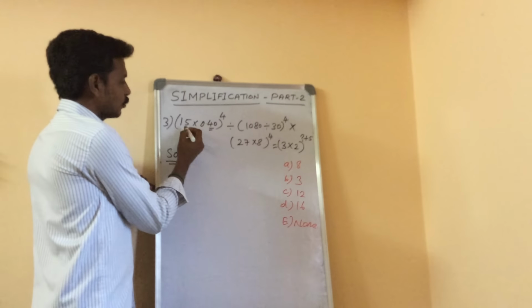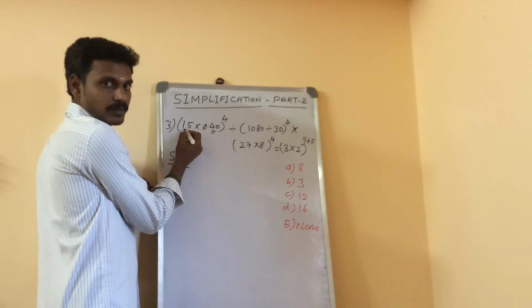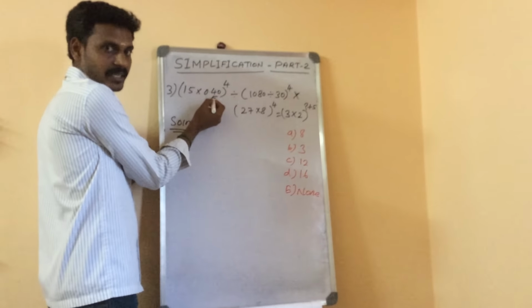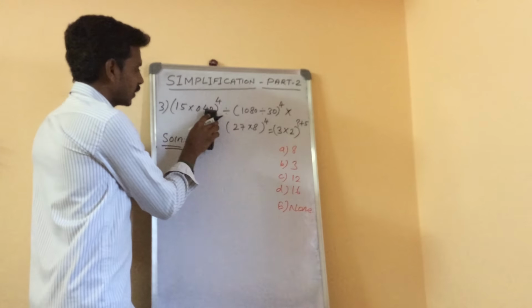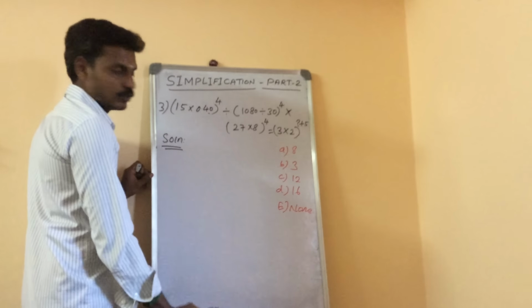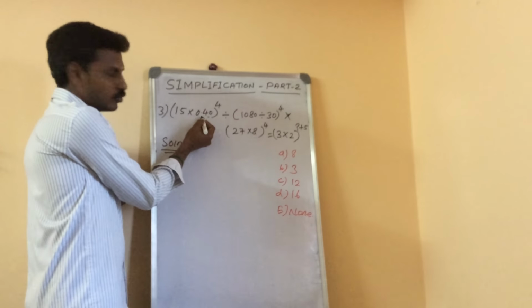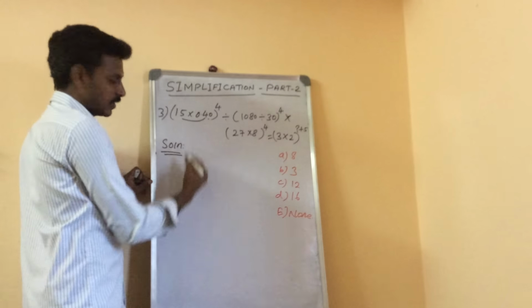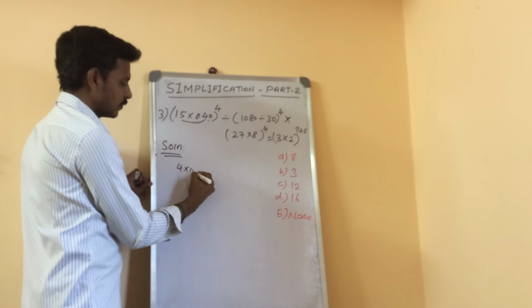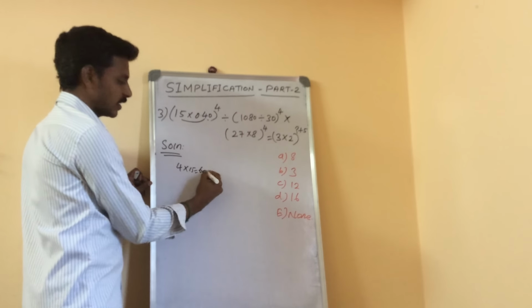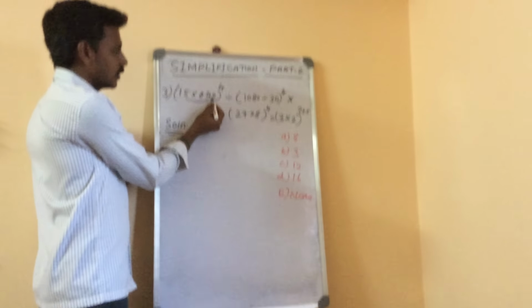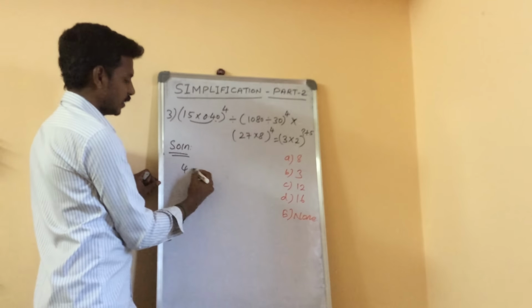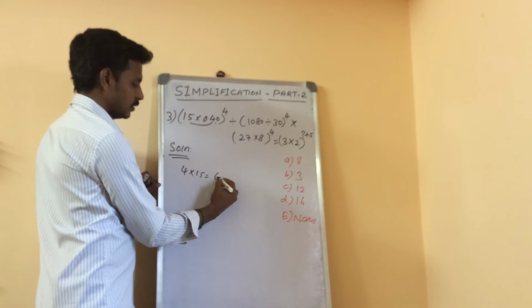As per the BODMAS rules, we need to find the value inside the bracket. So 15 × 0.40. No worry about the decimal points, you can take directly 4 × 15. What will be the answer? 4 × 15 is 60.